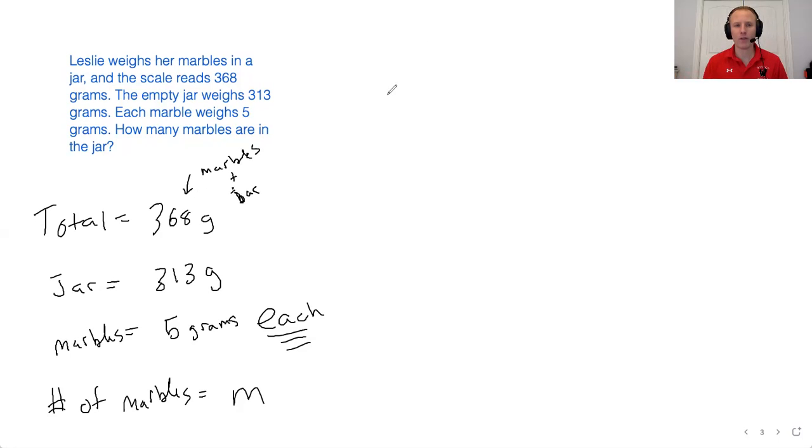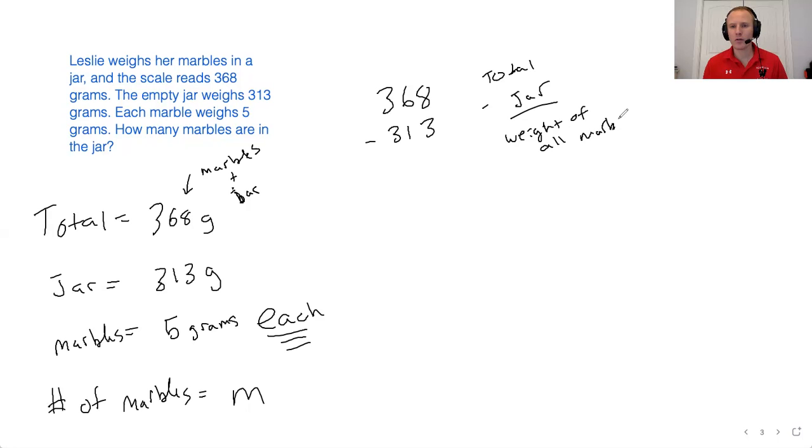So if I find the difference between those 2, I'm going to find the total weight of the marbles. So let's do that first. 368 minus 313. So this is the total minus the jar. And the result of that is going to be the weight of all the marbles. Okay.